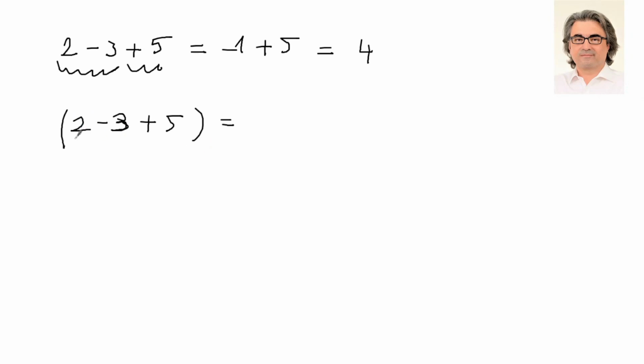It means what I see here, write it, plus 2. After plus 2, minus 3 comes, write again minus 3, and after minus 3, plus 5. Don't make any change on the signs.